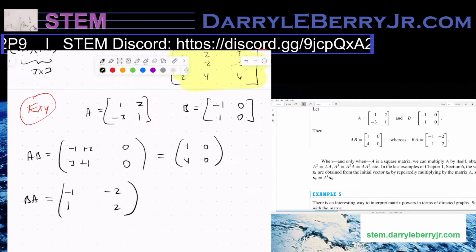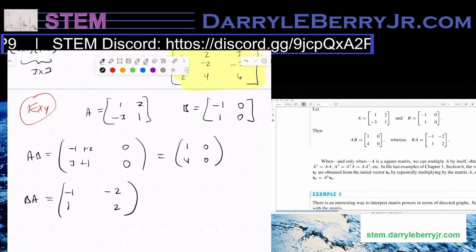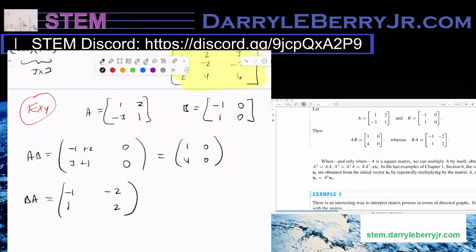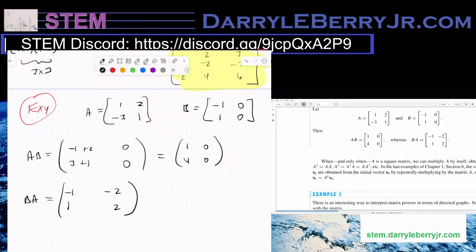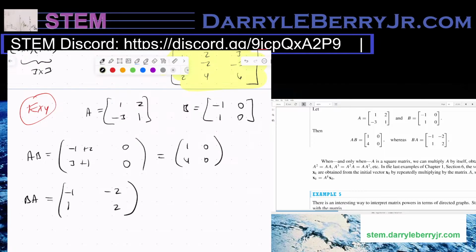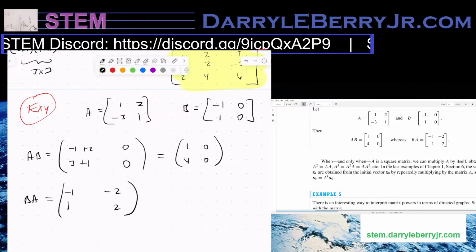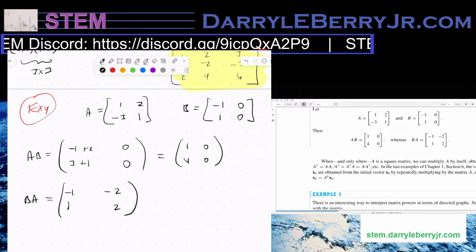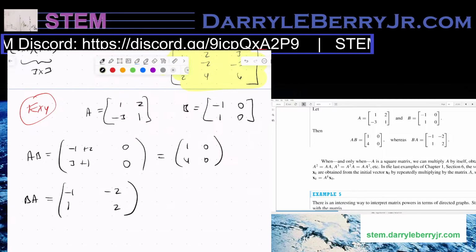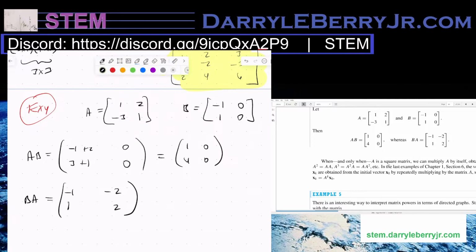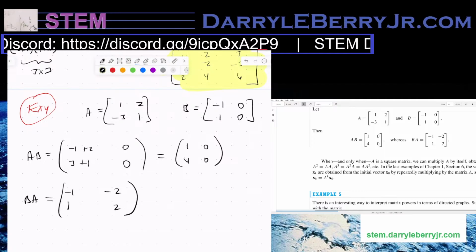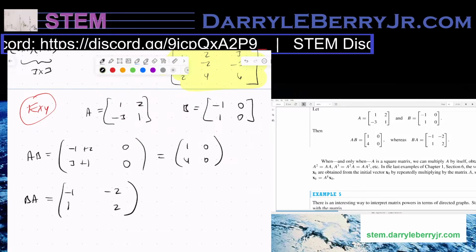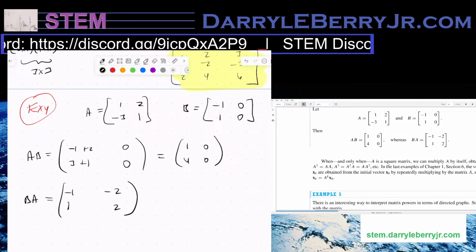When and only when A is a square matrix, we can multiply A by itself, obtaining A squared, which equals A times A. A cubed is A squared times A and A times A squared, etc. In the last examples of chapter 1, section 6, the vectors xk are obtained from the initial vector x0 by repeatedly multiplying by the matrix A, so that xk equals A^k x0. I'm not sure about that one.